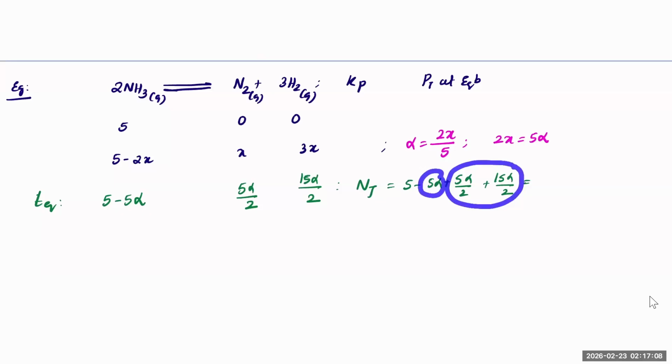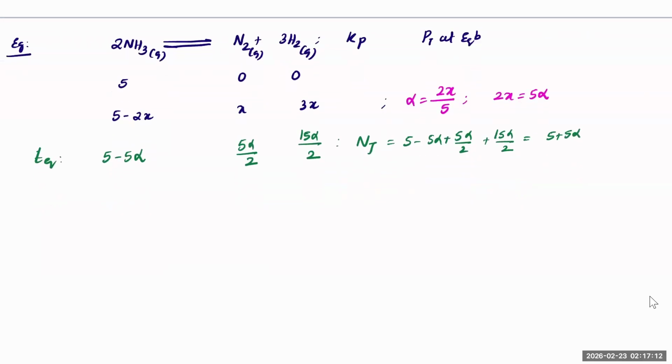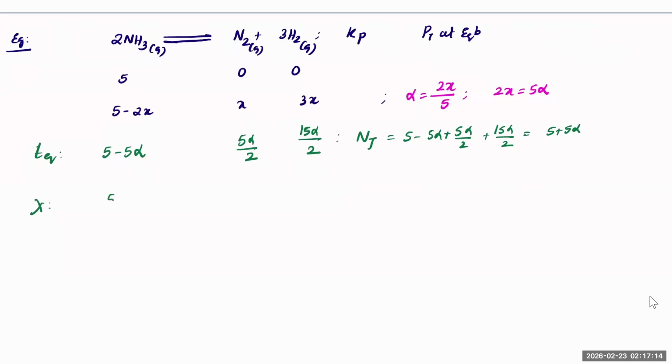So 10 minus 5 is 5 alpha. So that makes it 5 plus 5 alpha. So now the mole fractions which you'll write will be 5 minus 5 alpha by 5 plus 5 alpha, and here 5 alpha by 2 into 5 plus 5 alpha, and 15 alpha by 2 into 5 plus 5 alpha.